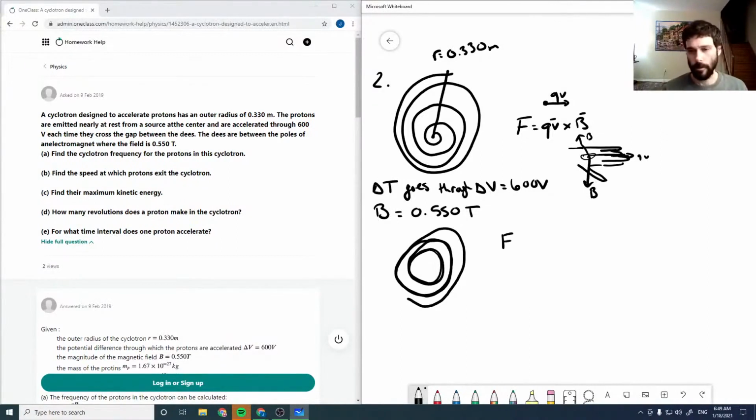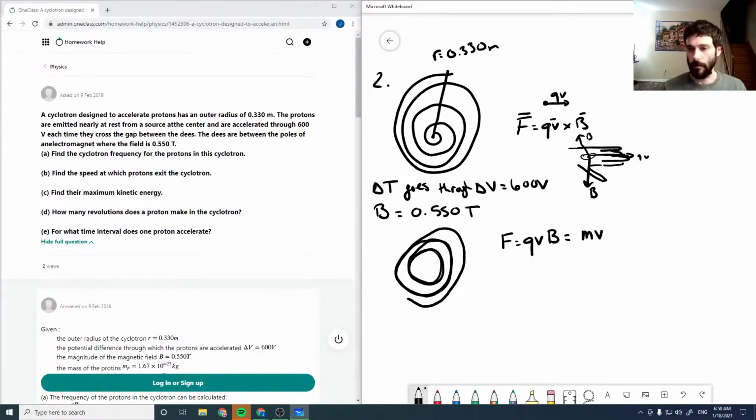So our force is QVB. I've gotten rid of the cross product because they're perpendicular to each other, so it's just going to be QVB. And I've also gotten rid of the vector notation because the magnitude of the force is going to be our centripetal force.